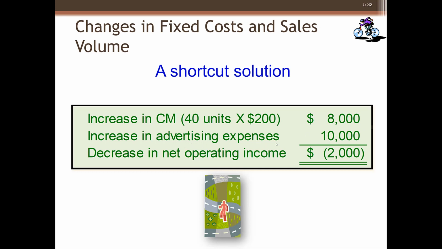Advertising expenses increased by 10,000. So the change in net operating income, you can see here, is negative 2,000, which means the increase in contribution margin is more than offset by the increased advertising cost. This is incremental analysis.